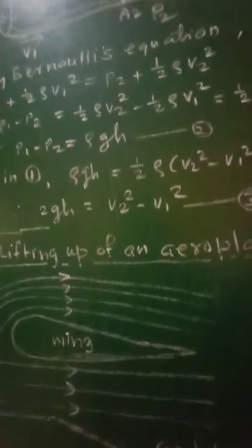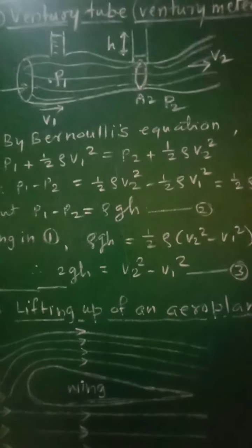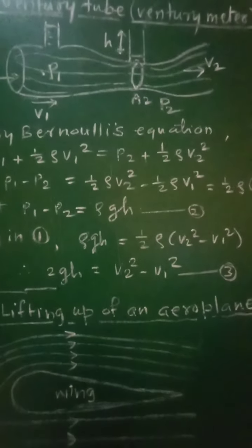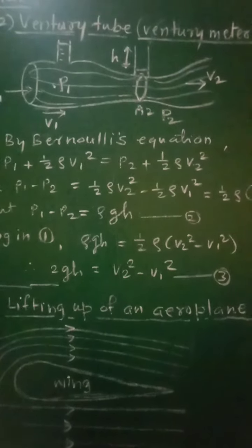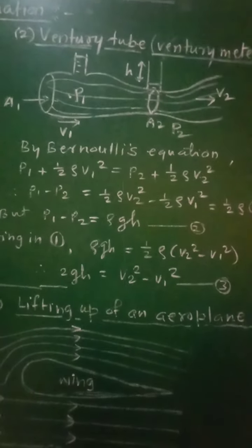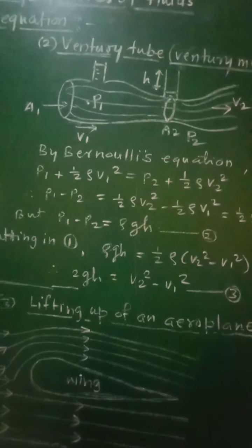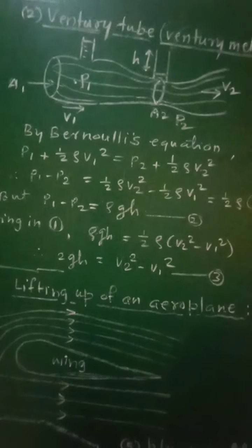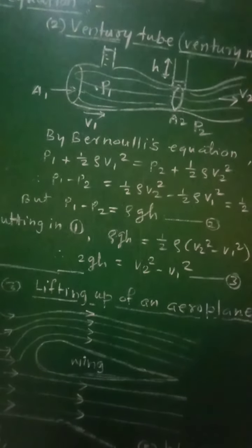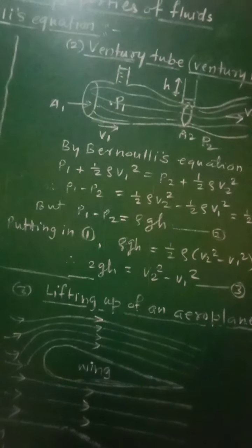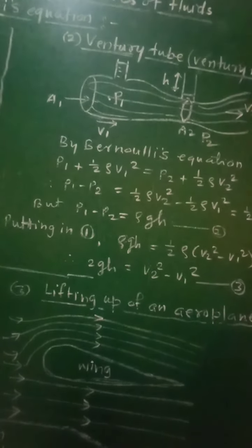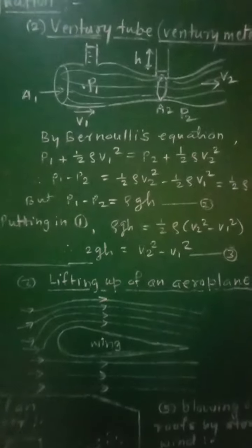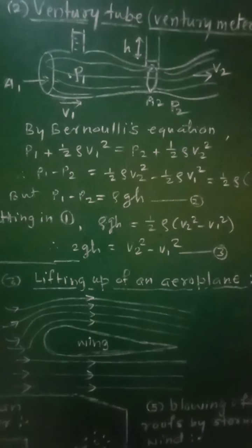This equation gives the expression for the potential energy per unit volume, that is GH. And from equation 3 we can conclude that the rate of flow of liquid can be calculated by substituting V1 in terms of V2 or V2 in terms of V1, because we know the equation of continuity A1 V1 equal to A2 V2.